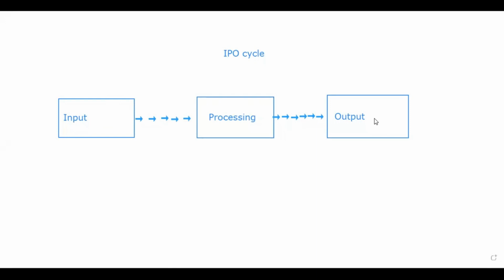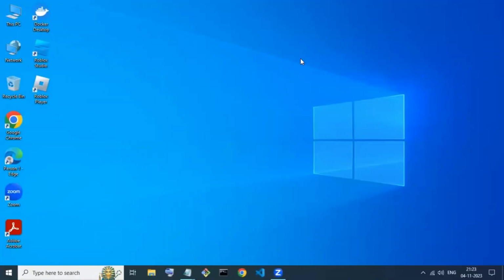Let us understand this with an example on a Windows screen. You can see a desktop screen is visible. We can understand the input, processing and output example here with the help of our mouse and its different clicks.